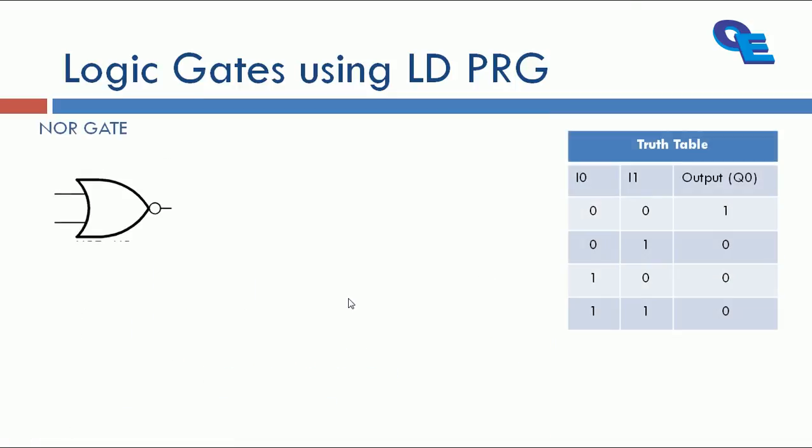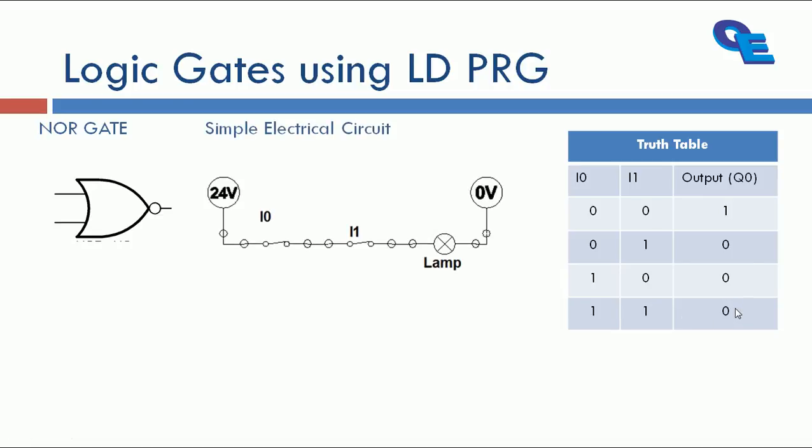Next gate will be NOR gate. Its truth table will be like this. When both the inputs are low, output should be high. If either input is high, output should be low. Simple electrical circuit will be like this. Two normally closed switches are connected in series with a lamp.